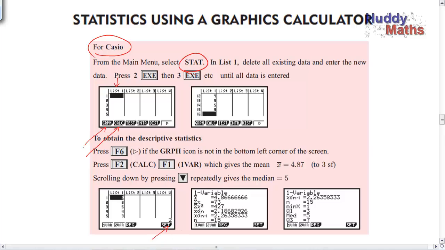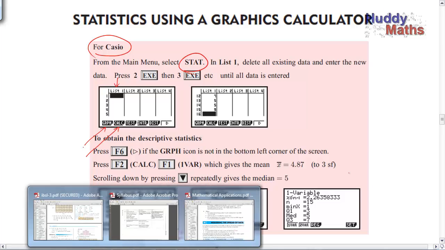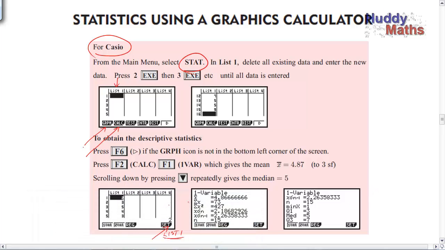If you hit set, you have to set up which list you want the calculator to refer to. So list 1 with a frequency of 1, and set that up.